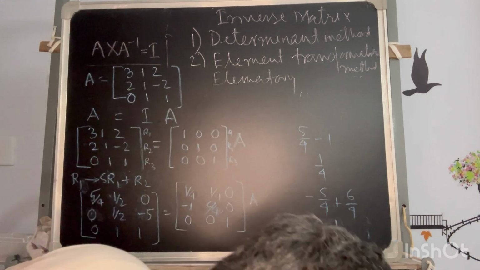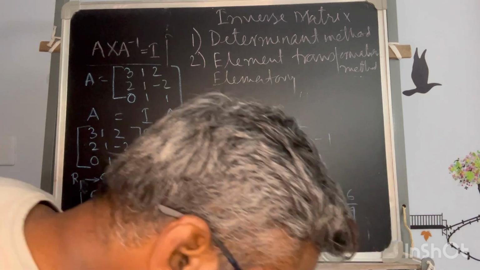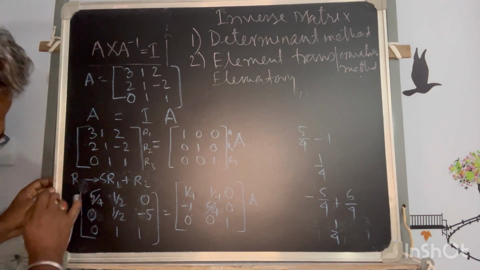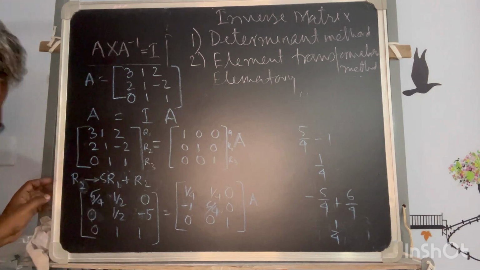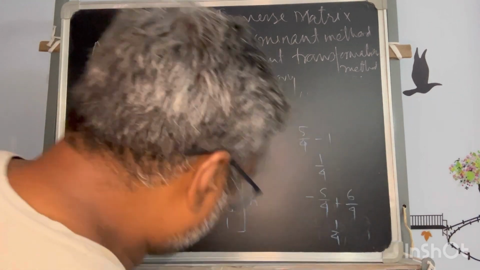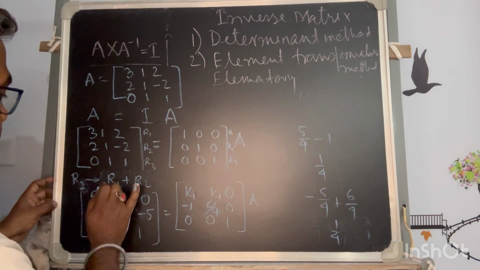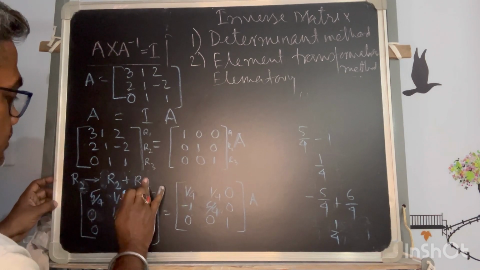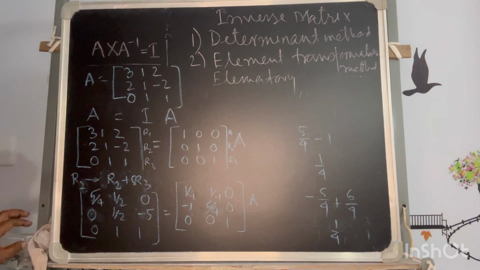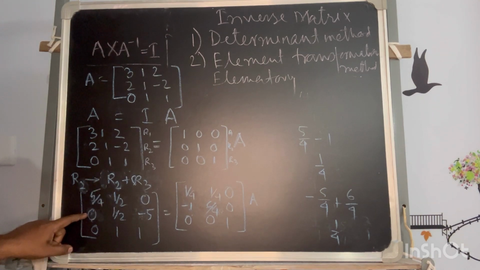Then my next operation is R2 is equal to R2 plus 5R3. I am doing this with R2 plus 5R3. So what changes will it do? R2 will be changed.